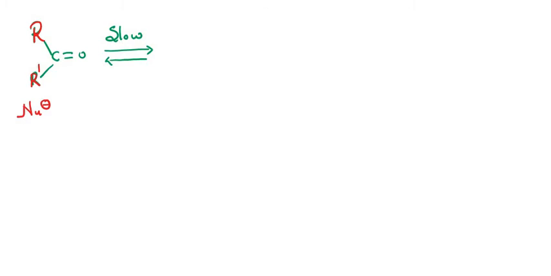Already we know that this carbonyl group is polar, so the pi bond will migrate towards this oxygen, and it bears a partial negative charge. Meanwhile, this carbon will bear a partial positive charge, and this partial positive charge will seek a nucleophile. The nucleophile is nothing but an electron rich species, and it will attack the electron deficient site, that is this carbon atom.